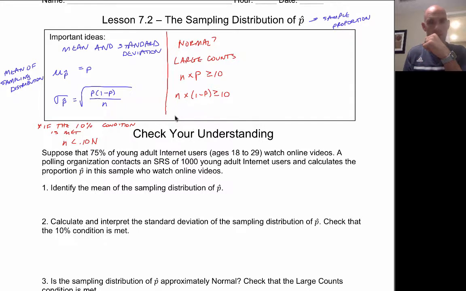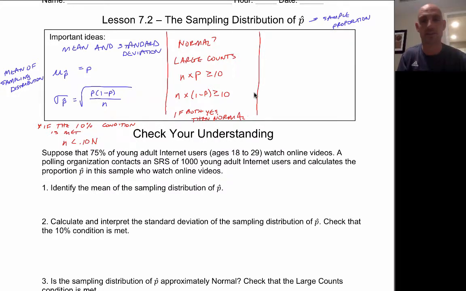So if both yes, then it's normal. Why is this a problem? Well, you can't just go off and calculate something using a normal distribution if it's not normal. So you've got to test these two conditions before you can use normal CDF on your calculator and use Table A and that kind of thing.